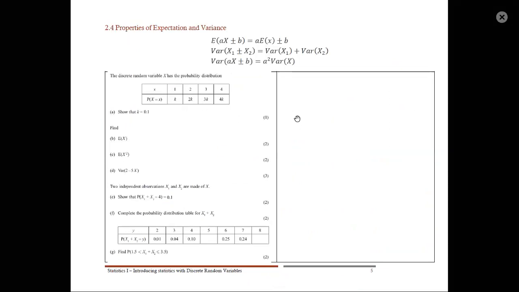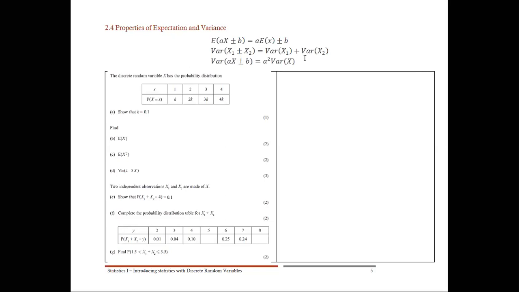Okay, so before we move into the question, a few properties that we need to talk about for variance and expectation. For the expectation, if we were to compute the expectation of aX plus b, whereby a and b are constants, the property of expectation is such that we can take out all the constants. So it's a times E(x) plus b.